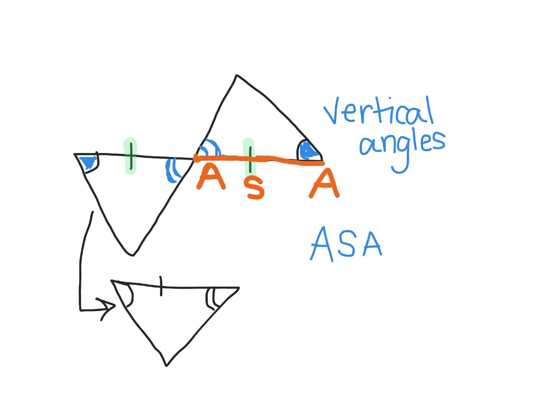Let's say, for instance, that I started right here, and I'm going up this way, and I see this is information about an angle, and I go here, that's information about a side, and then this is ending with an angle. So really, you should be able to start at any of the vertices to see what you're passing over and what information you can write down to figure out which postulate would work.